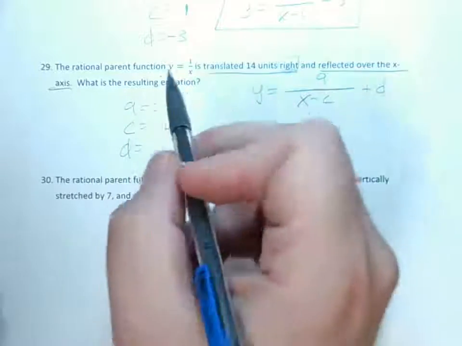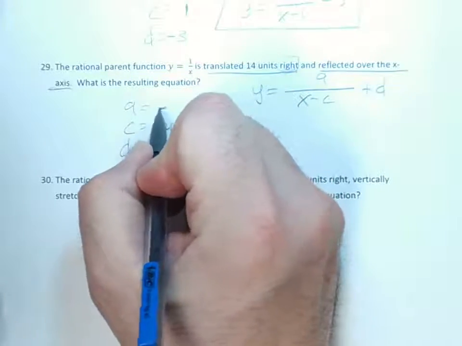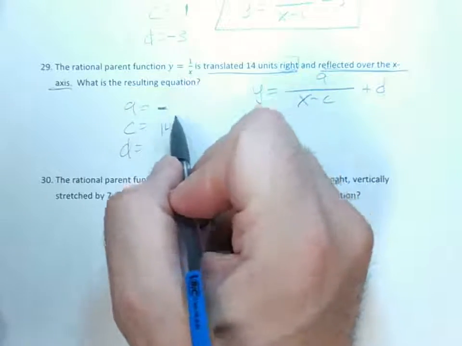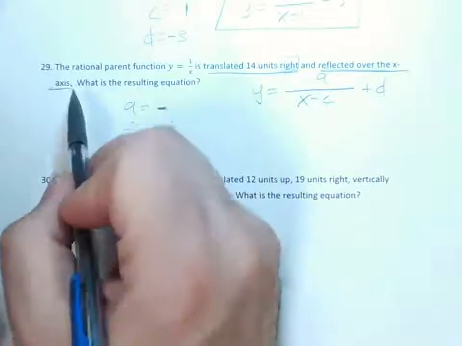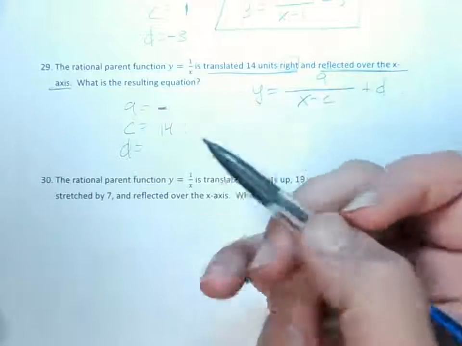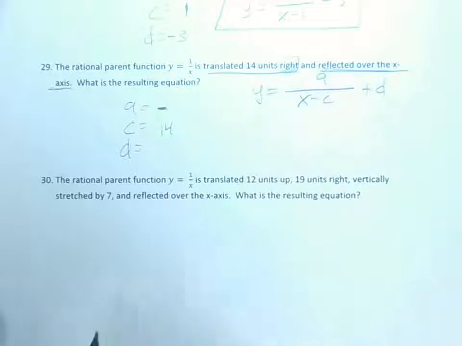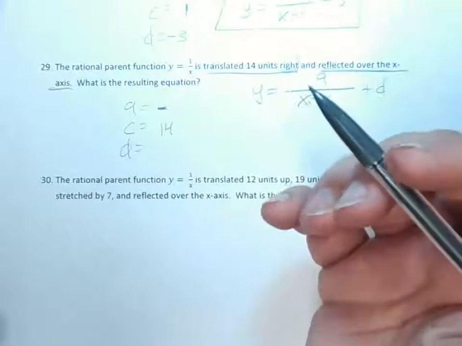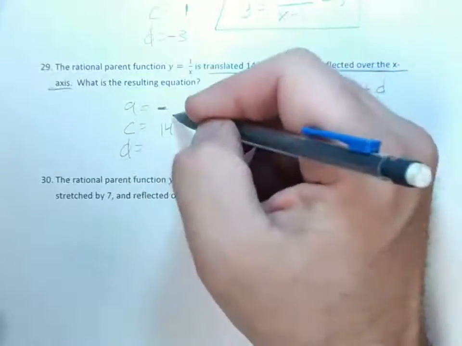The reflection tells us that the A value will be negative, but you'll note there's not a value in there, so I don't have a number I can put for A just yet. And I would go on to see if there is other information I can use to fill in A or D for that matter, but I'm all out. That's all they've given me. So let's deal with both of these. Let's start with A. Since there wasn't a vertical stretch at all, that means the A value is 1.